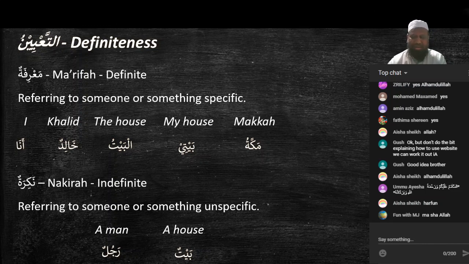It's common, any, like a man, rajulun, a house, baytun. So again, in ta'yin definiteness, there are two types of isms. One is ma'rifa, definite. Number two, nakira, indefinite. Ma'rifa, definite nouns, and nakira, indefinite nouns, which is common nouns.